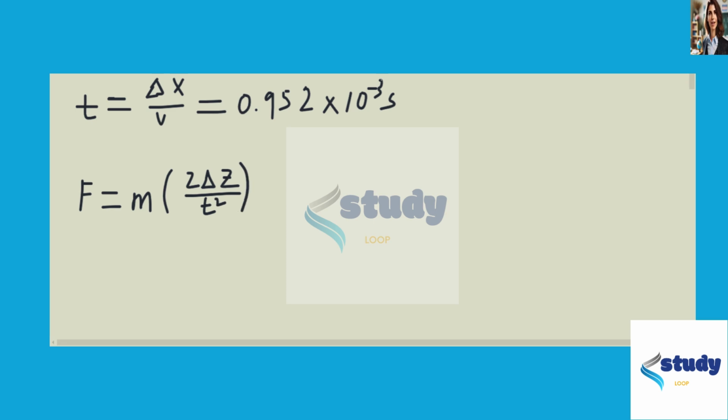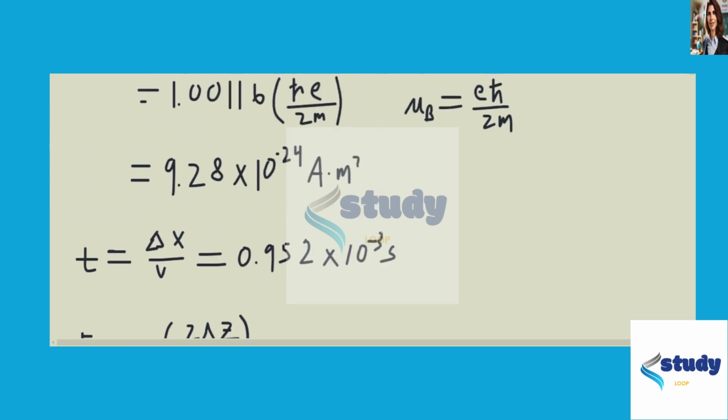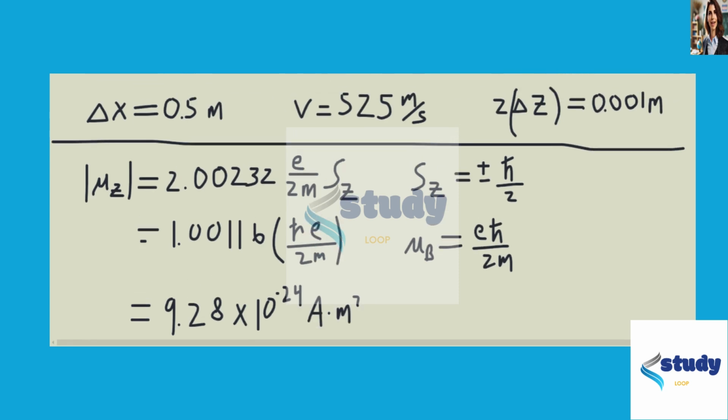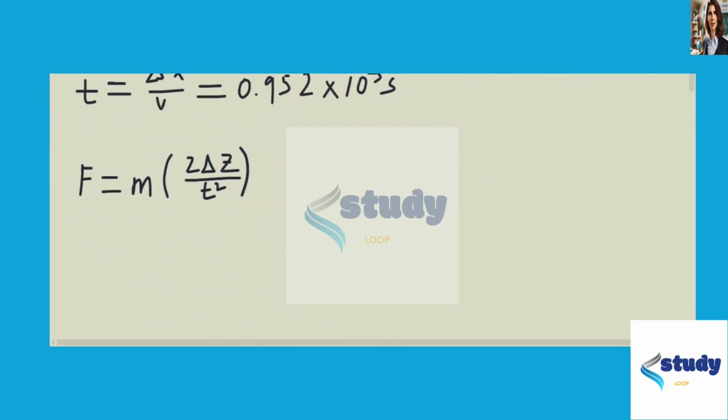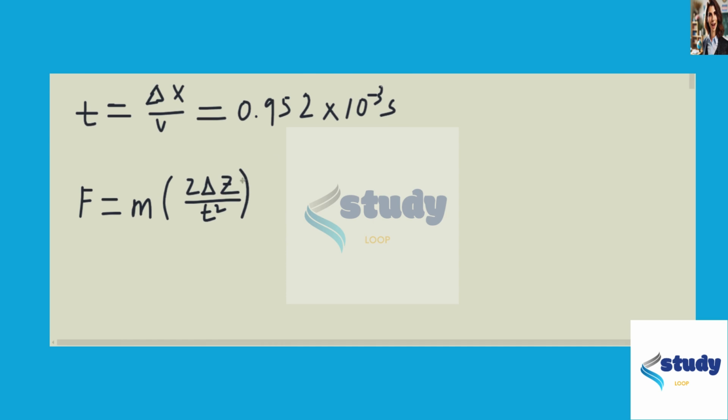We know that 2 delta z is 0.001 meters, as we've already written out. And we've found t previously above: it's 0.952 times 10 to the minus 3 seconds.